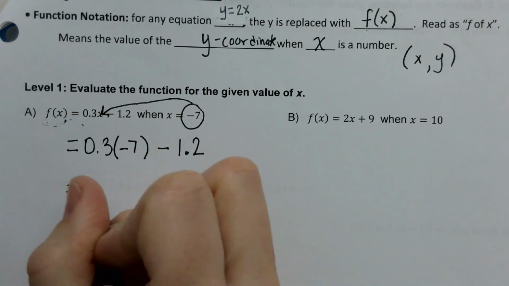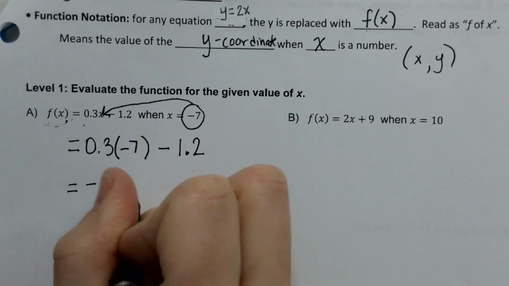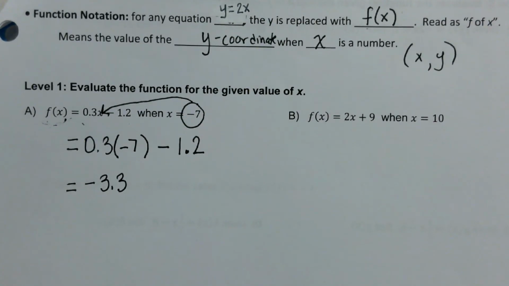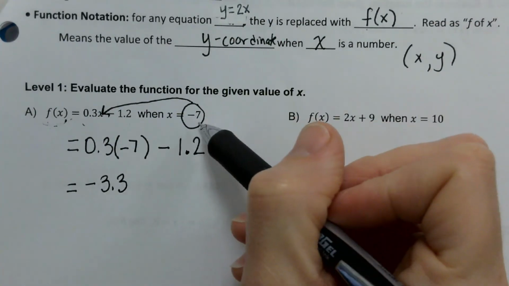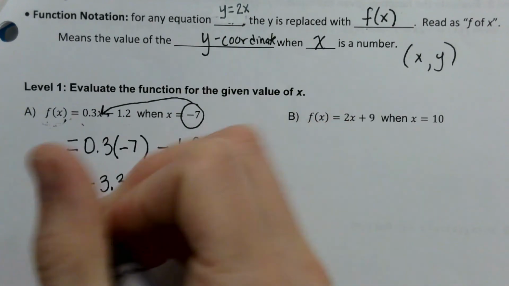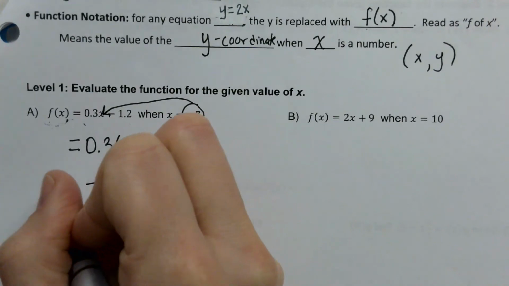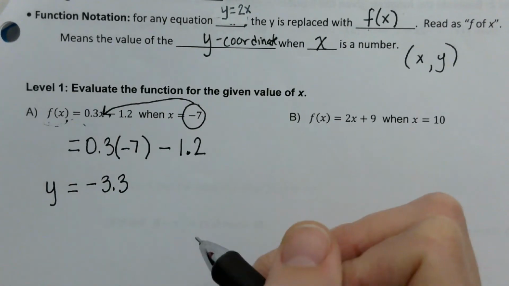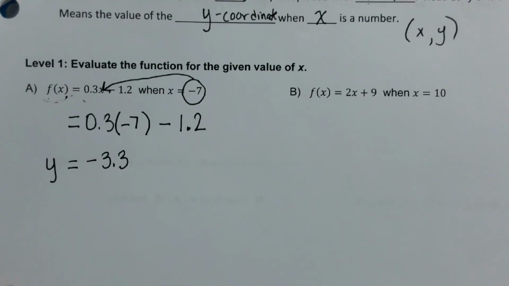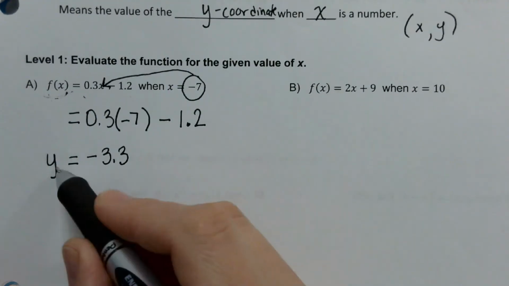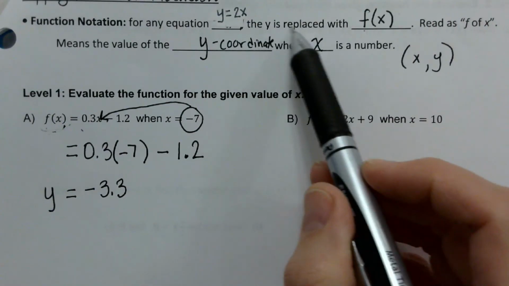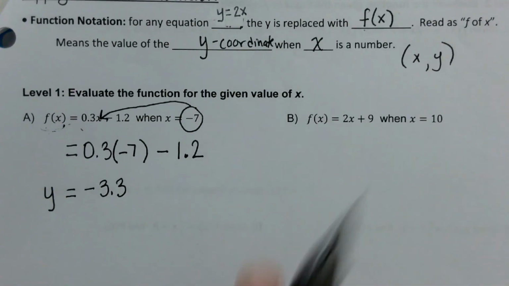So my y value is -3.3. So my x value is -7, my y value is -3.3. Okay, so my y value would be -3.3. But because we're doing function notation, we're not writing y, we're replacing the y with f of x.